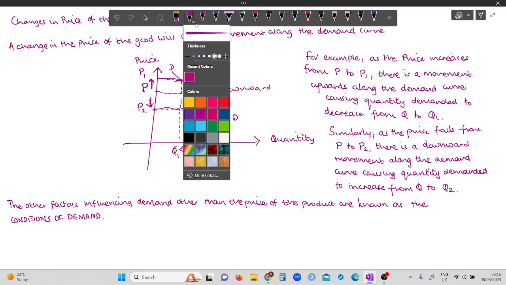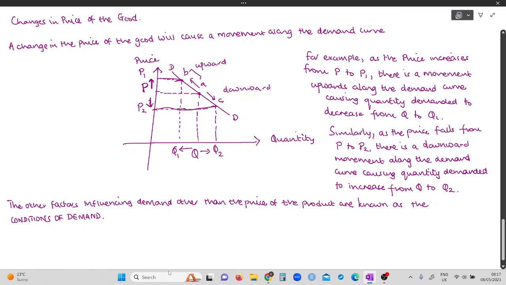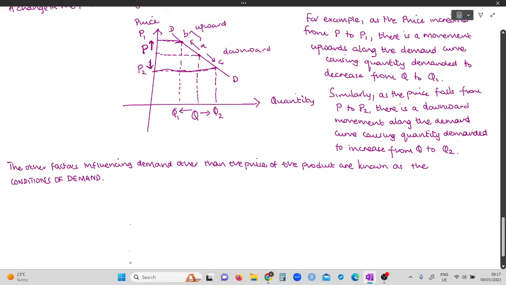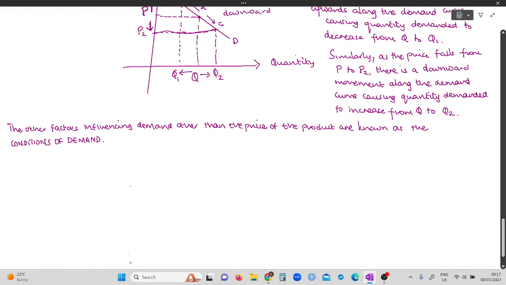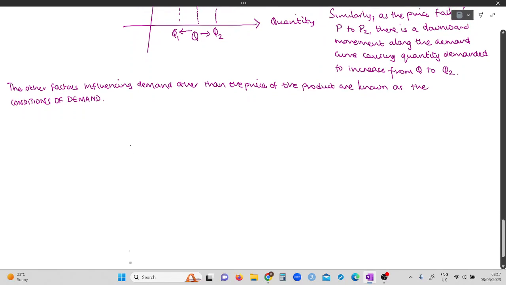Known as the conditions of demand. Okay, so next we will go into the conditions of demand. So this you have already taken.